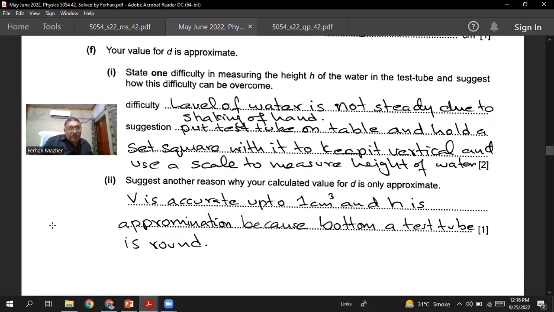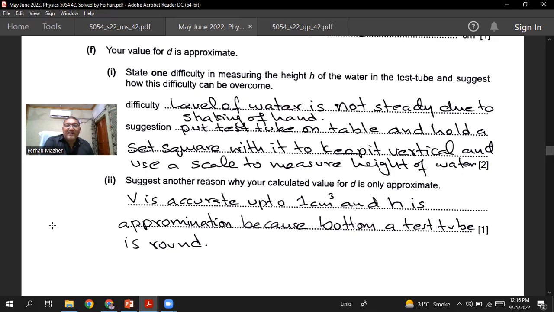That is an approximation, because the bottom of the test tube is not flat. It's spherical. So H is a little approximation.